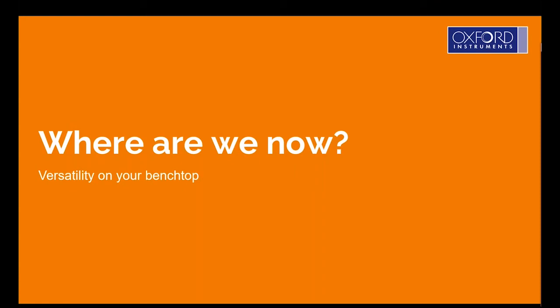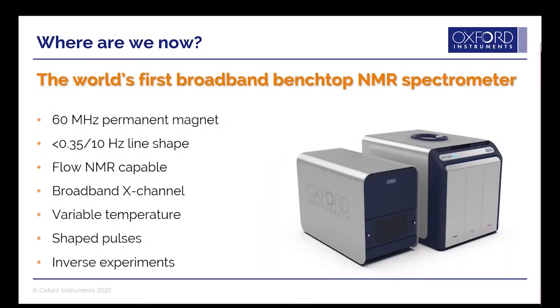But where are we now? What we're trying to do is develop a whole new level of versatility in your NMR on the benchtop. So we recently launched the world's first broadband benchtop NMR spectrometer. Based on a 60 megahertz permanent magnet, that's one of the real big things with benchtop NMR, is that you don't have to have those cryogens that you would have with high field. So typically the running costs are much lower, and you can also position them much closer to the experiment that you want to understand.